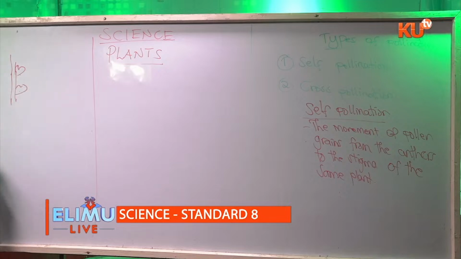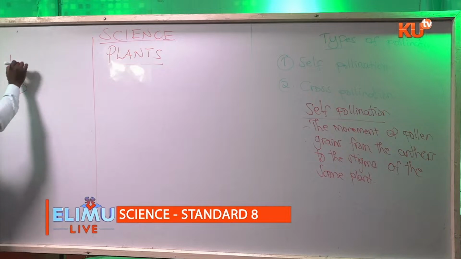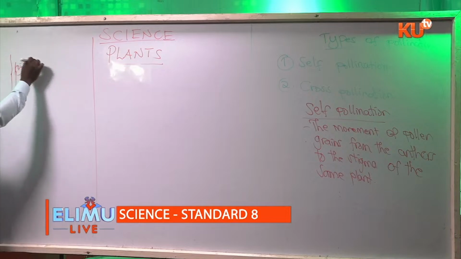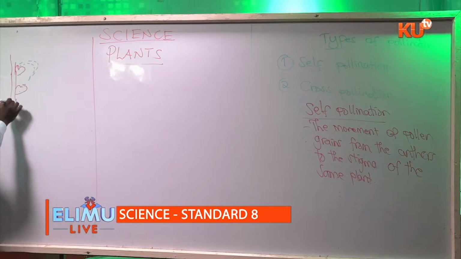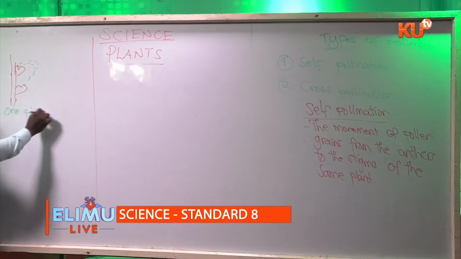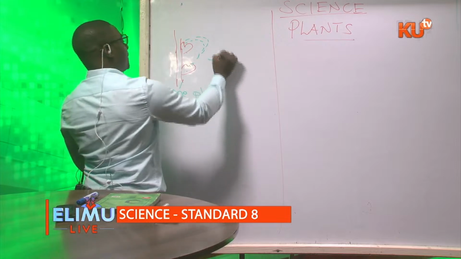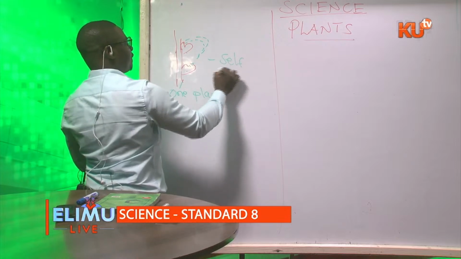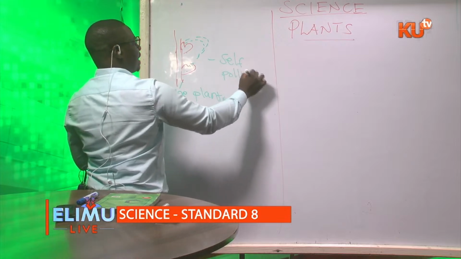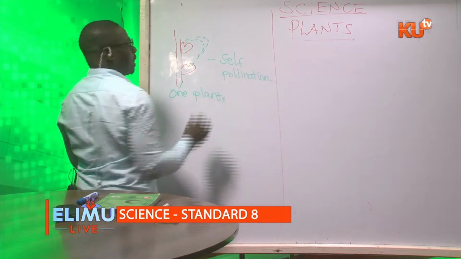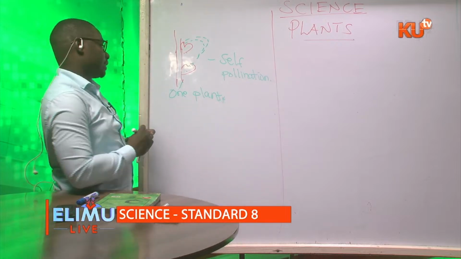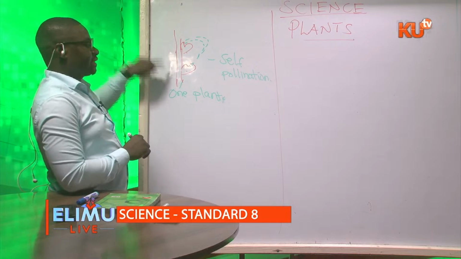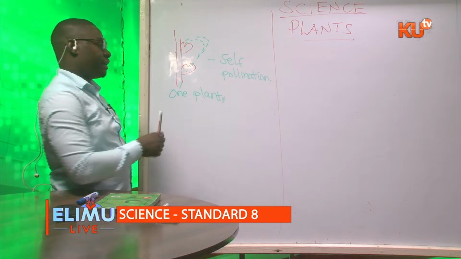So it must be movement of pollen grains from the anthers to the stigma. If you look at the plant, this is just one plant. So this is what we call self-pollination. It can either be one flower or different flowers, but the idea is one specific plant.